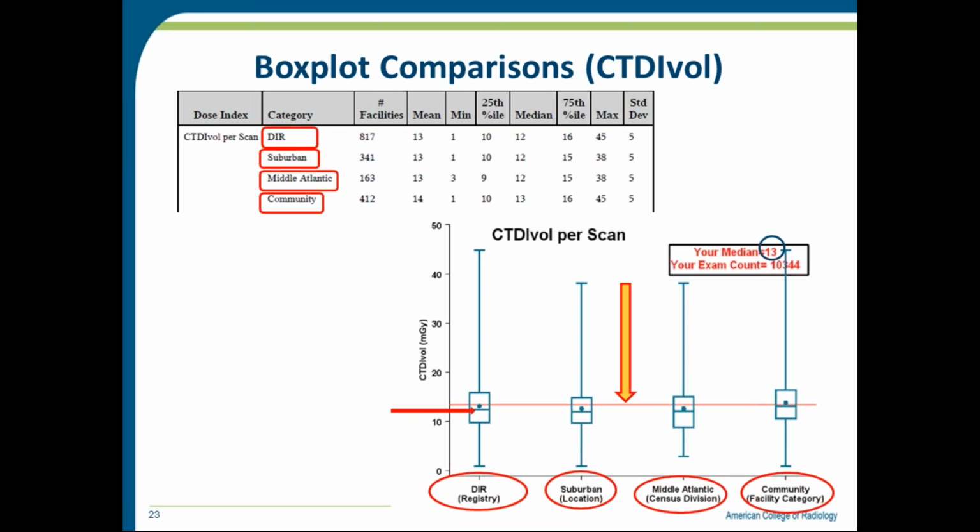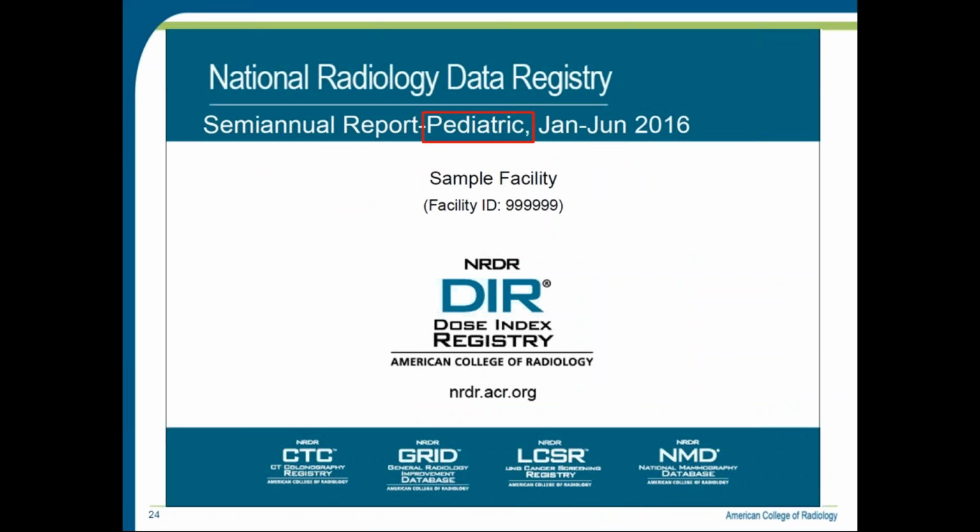The red arrow you just saw is a DIR median, and you can see that DIR median is 12, and all the medians for other facility characteristics are also 12, except the community hospital, its median is a little higher, it's 13. So that's how we read the box plots. We can also read from the table as you are comfortable.